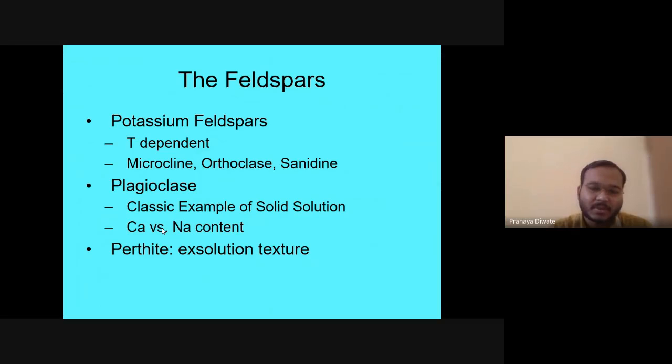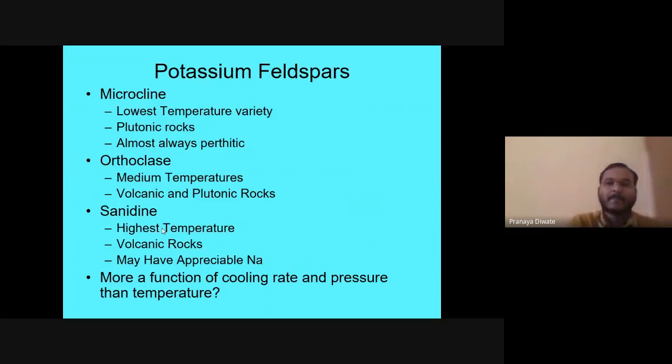Perthite is an exsolution texture. So these are all different kinds of feldspar. Feldspar is a mineral which is very abundant everywhere, whether you go into granite, basalt, and so on.